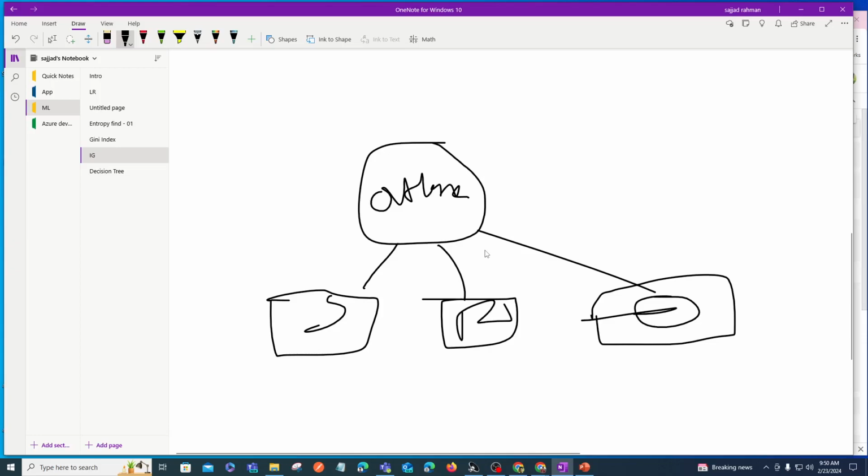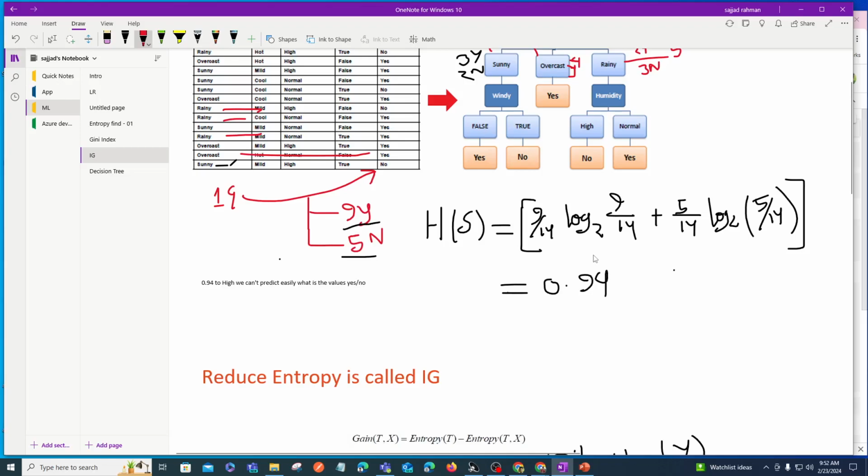So how do we calculate our entropy? This is our formula, so we can simply write it like minus 3 by 5 log 3 by 5.